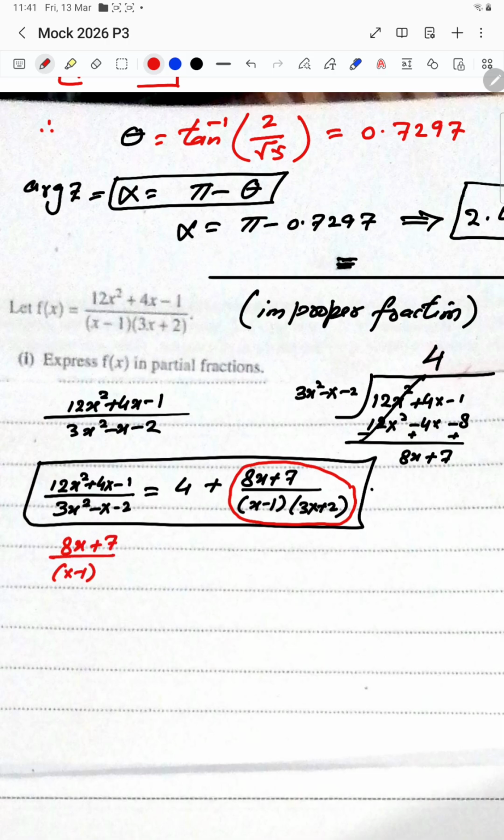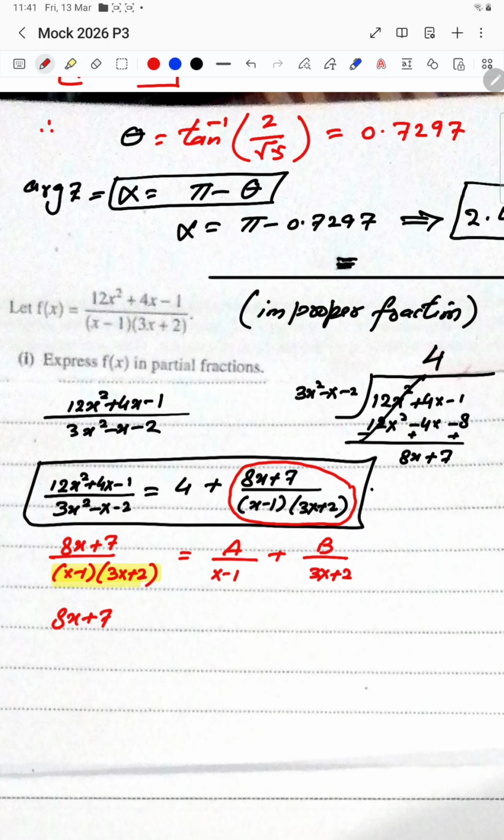Now it's a proper fraction, numerator power is less than denominator, so a upon x minus 1 plus b upon 3x plus 2. So do the partial fraction rule, cross multiply either side with this denominator term.